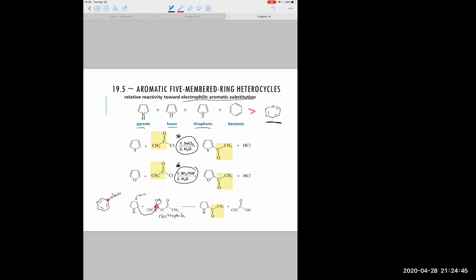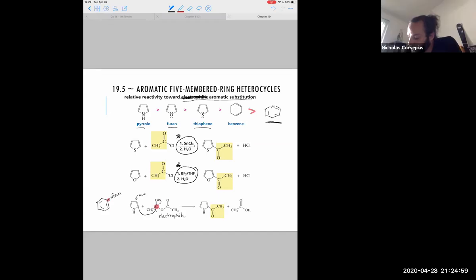Okay, gotcha. So in increasing reactivity, it would go pyridine 1, benzene 2, and then pyrrole would be the most reactive. For nucleophilic, right? If we change this to nucleophilic aromatic substitutions, then yeah, all these would be exactly reversed.